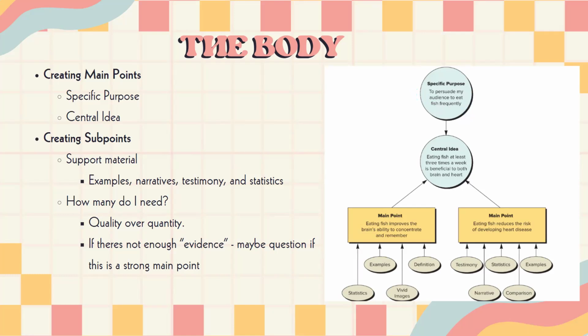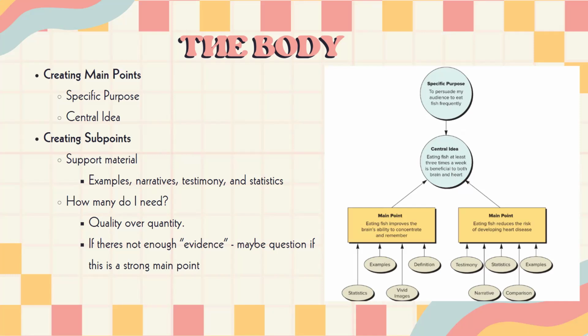Your specific purpose will always say like to inform my audience to blank, right? For your demo speech, it will be to inform my audience how to make an origami swan, right? Boom. Specific purpose.